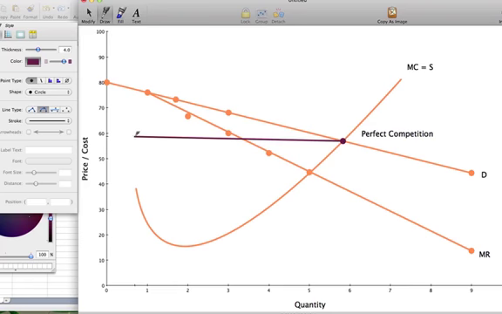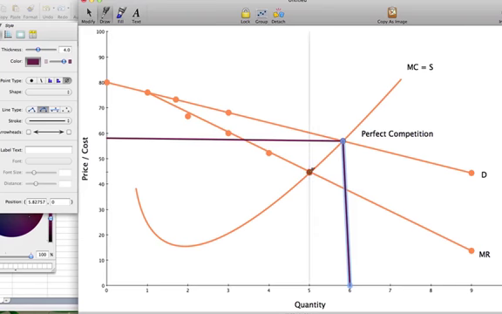In a perfectly competitive market, the price would be about $58, and the total quantity produced would be about 6 units. We want to compare this to what the monopoly would produce. Well, a monopoly will produce until marginal revenue equals marginal cost. Here, marginal revenue equals marginal cost at 5 units.